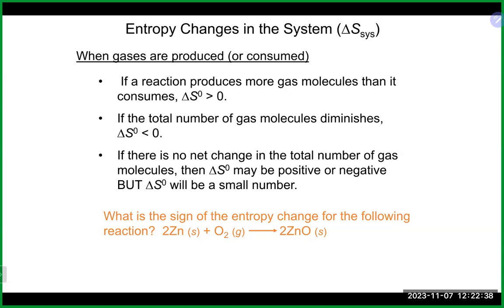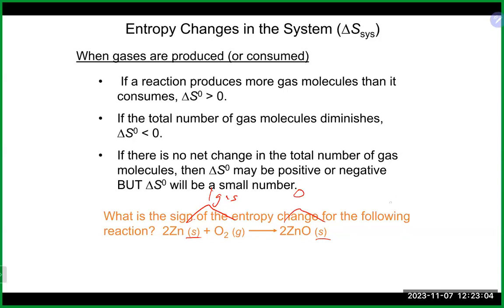So with that being said, if we had to predict for the one on the bottom here, would we expect the sign of the change in entropy to be positive or negative? Let's see. On the left-hand side, we have one gas molecule. On the right-hand side, we have 0, because those are solids. So that means we have definitely increased the order in this case.